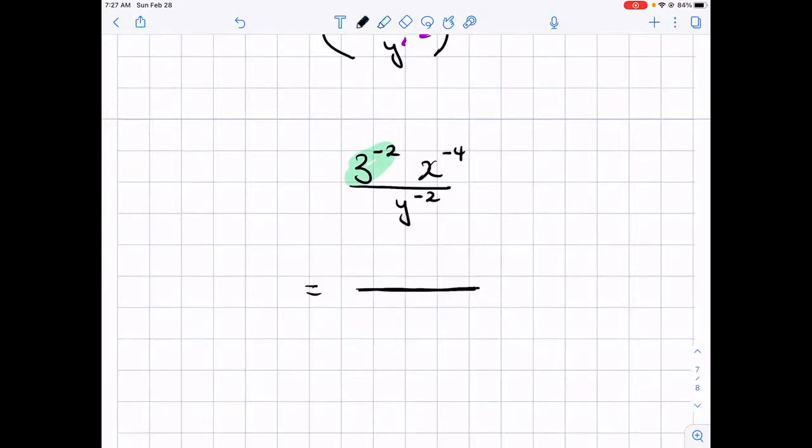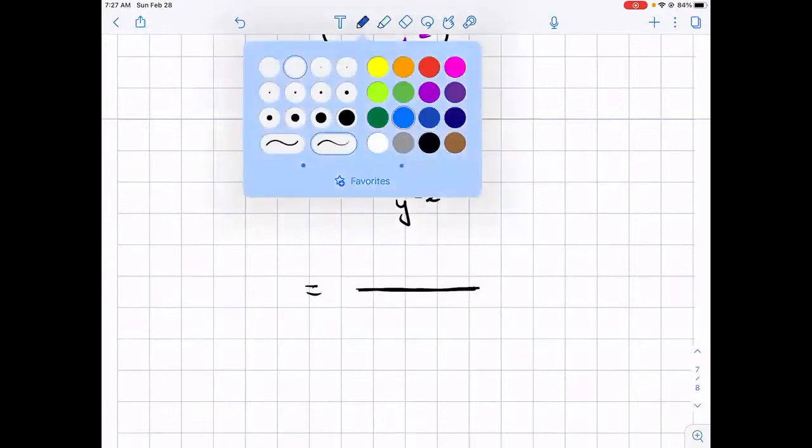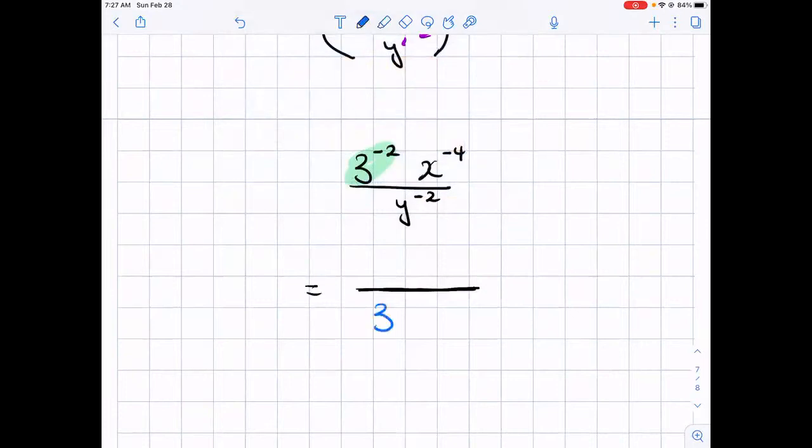By bringing it to the denominator, the power switches sign. By moving a base from numerator to denominator, or vice versa, from denominator to numerator, the sign of the power changes. So we can make a little note of that.